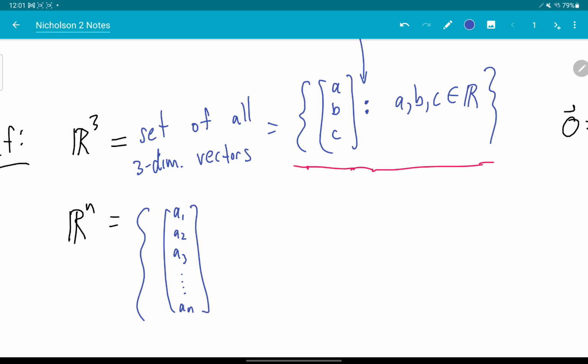So n is some number 2 or bigger. Well, I guess as I've written this, technically it's at least 4 for n, but hopefully you get the idea. And then the only condition is that a1, a2, a3, all the way up to an, are all real numbers.